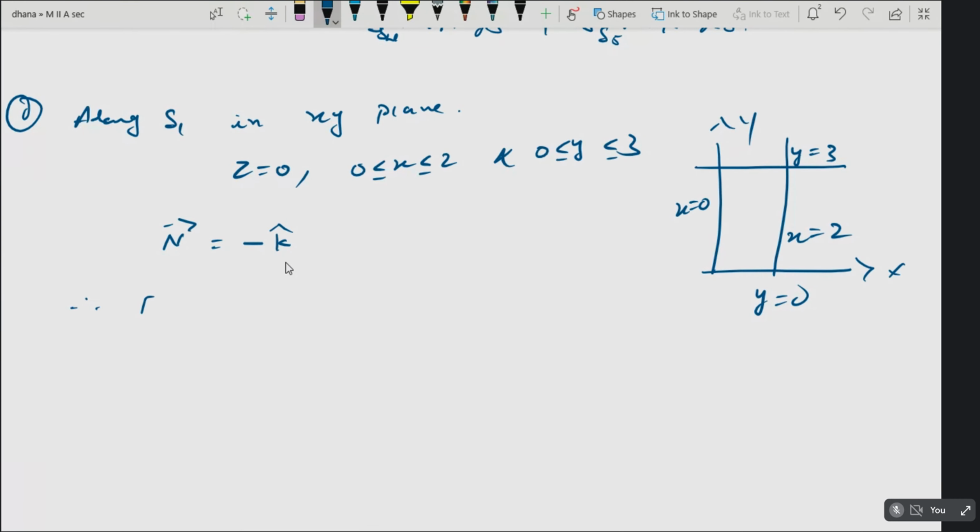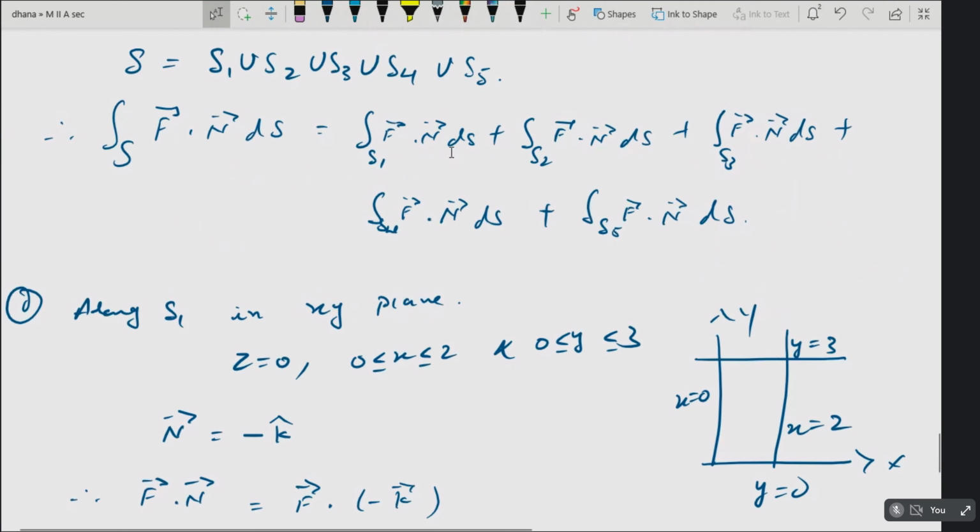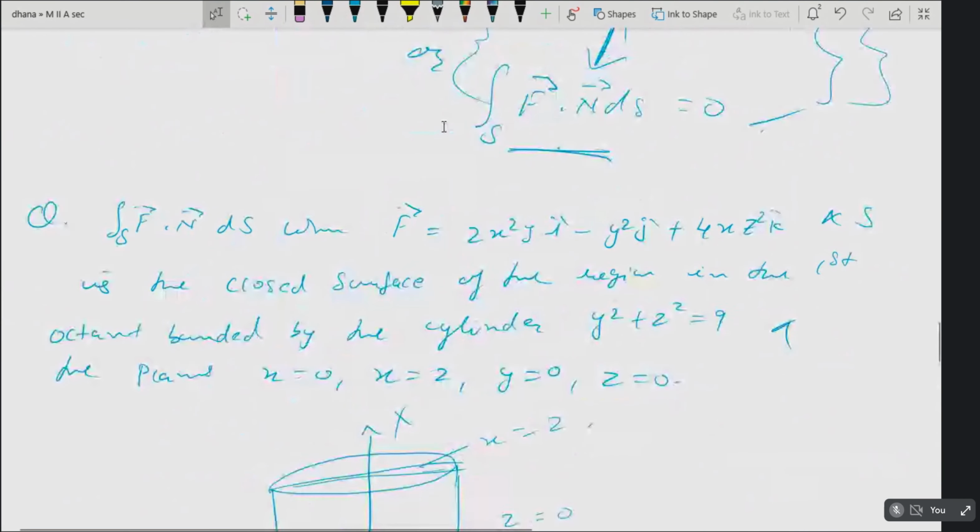So now let us calculate f bar dot n bar first. Okay, f bar dot n bar, where n bar is minus k cap. So what is f bar here? What is your function f bar? Tell me. Please answer. Every time I need to go. 2x square. See, I am taking the dot product. This whole function f bar dot k cap I am calculating. I will put a minus sign later.